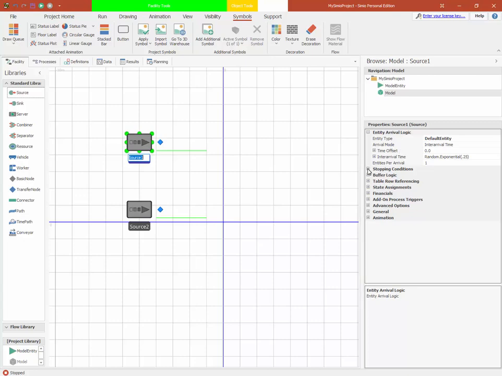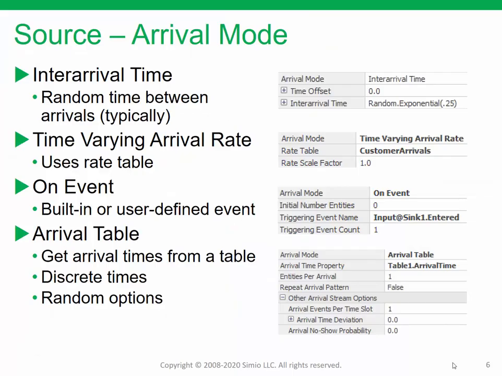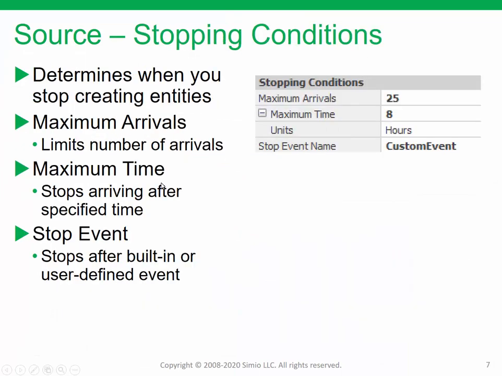The second category we're going to talk about is the stopping conditions. Let me go back to PowerPoint. The stopping conditions specify when the simulation should stop creating entities, and it lets you specify this in several different ways. First of all, you can set a maximum number of arrivals.